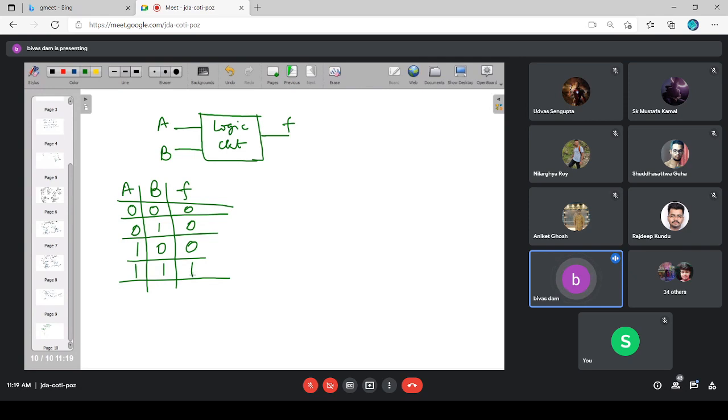And at the F output, at the output electrical node, I am expecting one high voltage level or one low voltage level. Okay. So now basically it is something like this. If I give low high, what output voltage am I getting? Low. So this is the way the voltages are translated to the output.